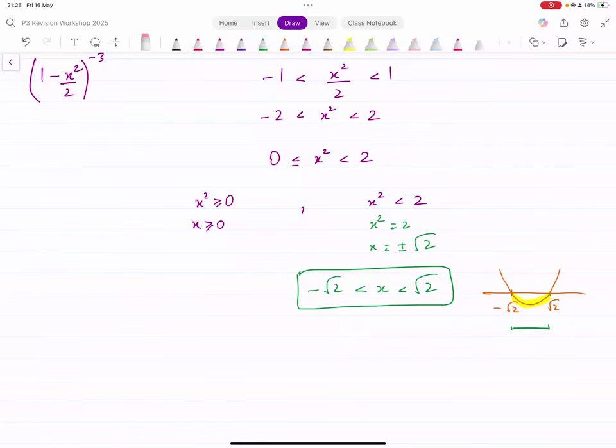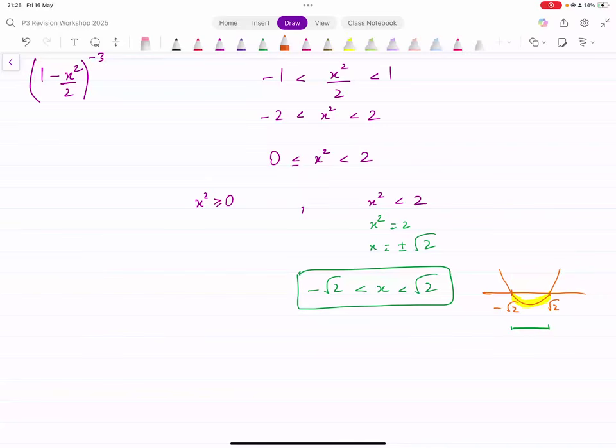The lower limit is obvious: x² has to be greater than or equal to 0. Actually, we don't consider that because it would not make any difference. This condition is kind of redundant, right? x² is always going to be greater than or equal to 0, so even if we don't have that condition, it doesn't matter.